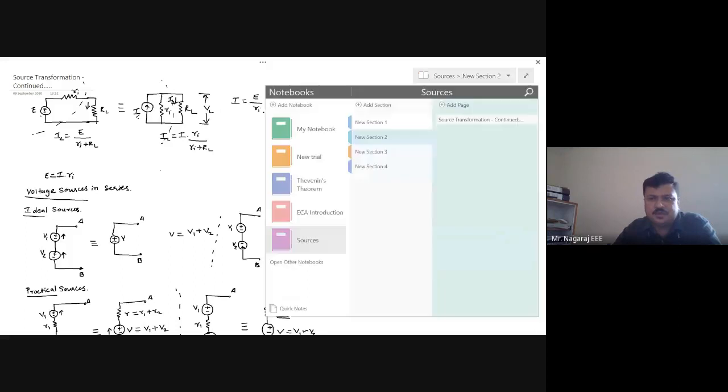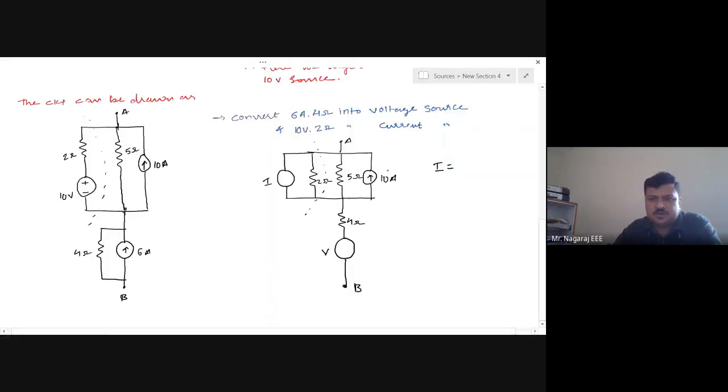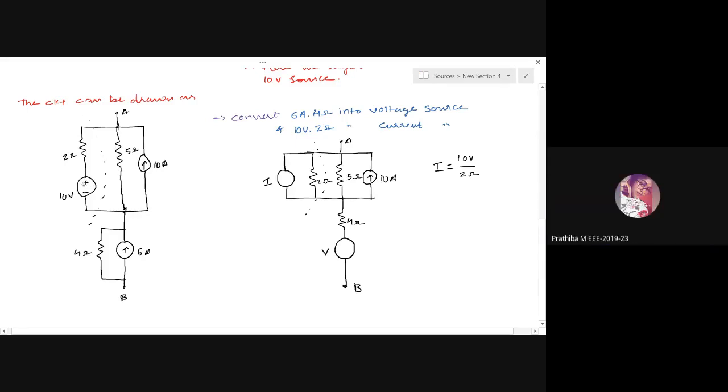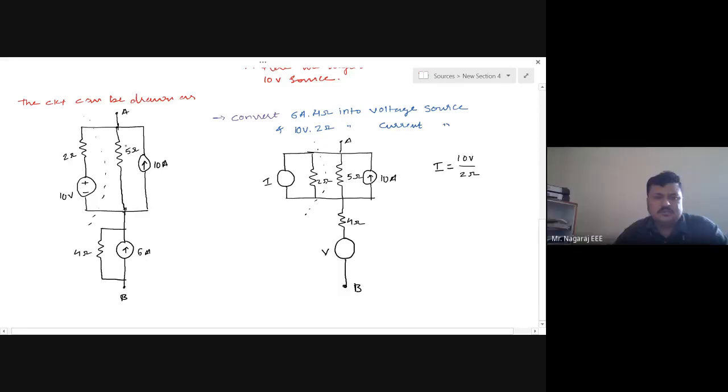So similarly, in this circuit shown, what will be I here? The source voltage divided by the series resistance, that is 10 volt divided by 2 ohm. Yes or no? Yes, sir. This circuit remains same. 5 ohms and 10 amps circuit remains same. I did not touch it as of now. But only I am converting this 10 volt 2 ohm into a current source.